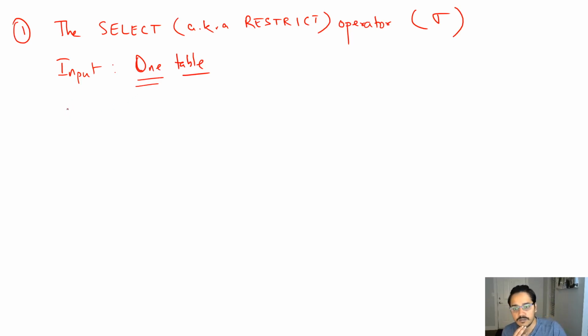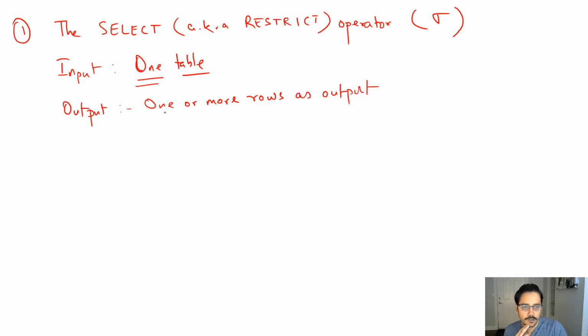And this is going to give as output one or more rows that satisfies the output condition.